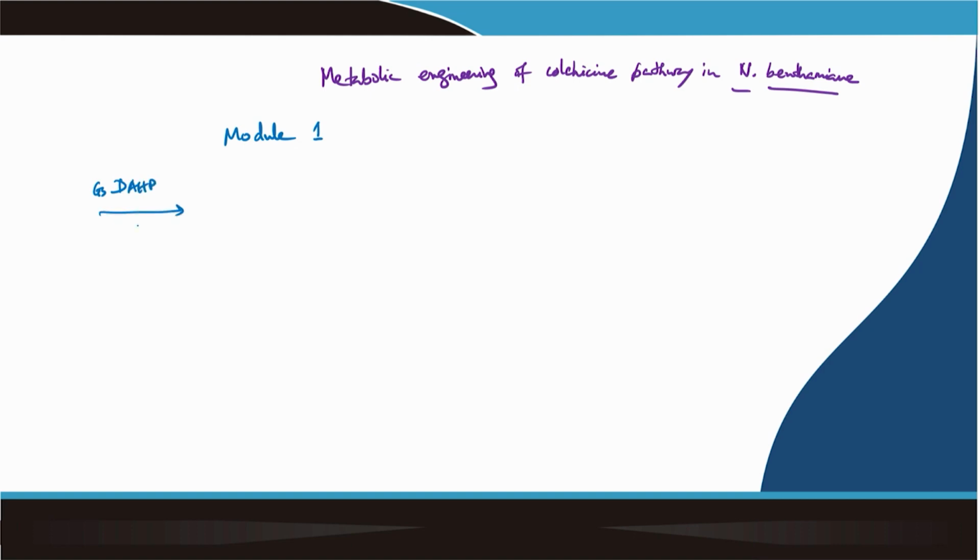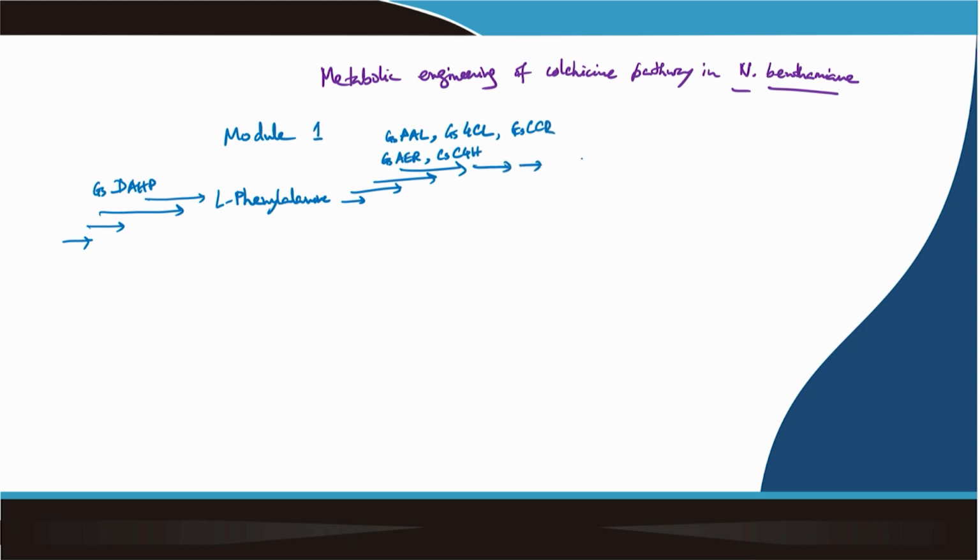starting with DAHP synthase, that is the starting point of this shikimate pathway, and eventually it makes phenylalanine, and this subsequently by the action of multiple enzymes, for example, GS-PAL, GS-4CL, GS-AER, GS-C4H, GS-CCR, that leads to the formation of 4-HDCA.